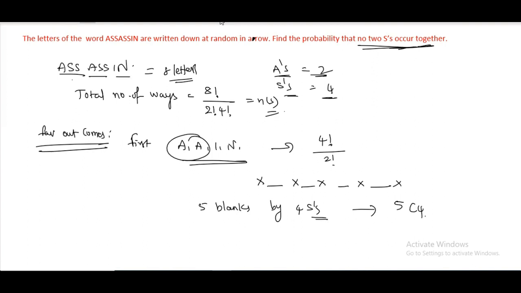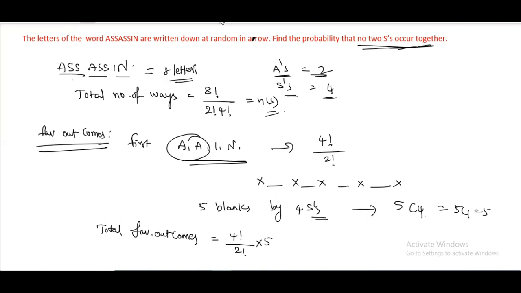That means 5 ways, which is the same as 5C1, 5 ways. So the total favorable outcomes we have is 4 factorial by 2 factorial into 5.